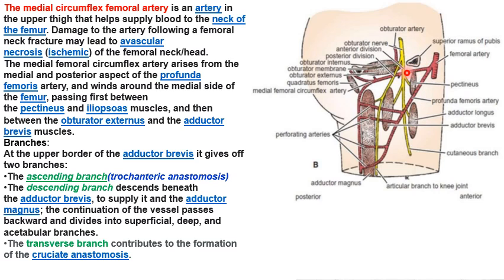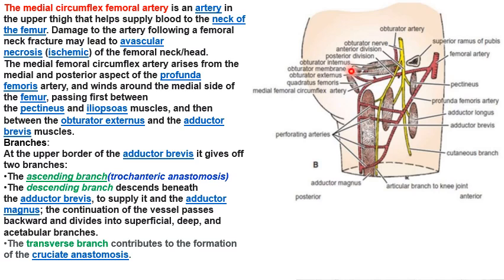That's how it passes. And then between the obturator externus and the adductor brevis. As it crosses the adductor brevis, it divides into superior, transverse and inferior branches at the upper border of the adductor brevis.